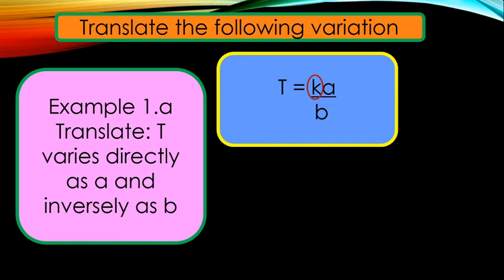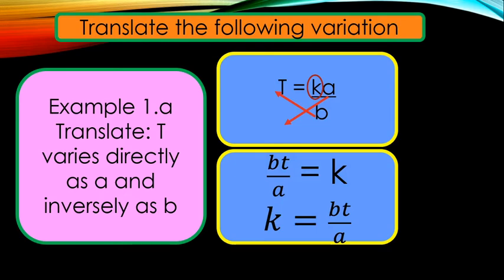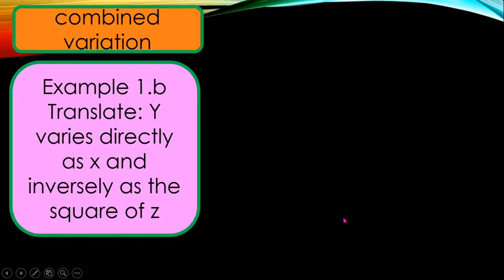Now, to find K, cross-multiply B here and A here. So, we get the formula for K, B times T, because we multiply B into T here, and divide by A. Or K equals B times T divided by A.